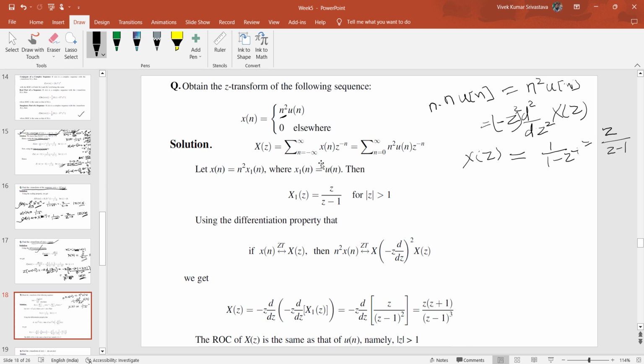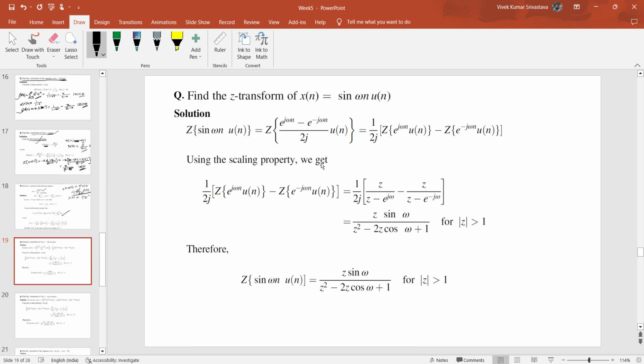Okay, so by using this differentiation property, you can easily evaluate the z transform of this signal. So I am leaving this exercise for you. You can easily evaluate the z transform of this expression by using this differentiation property.